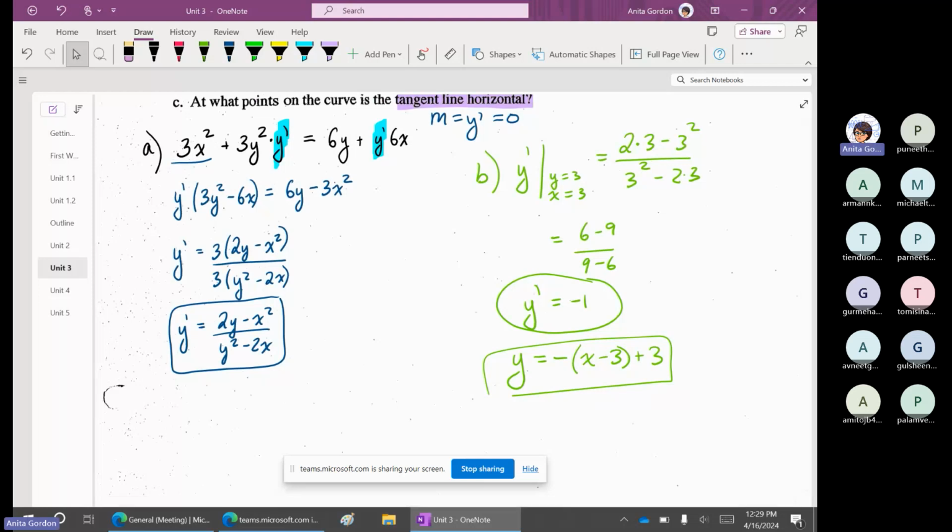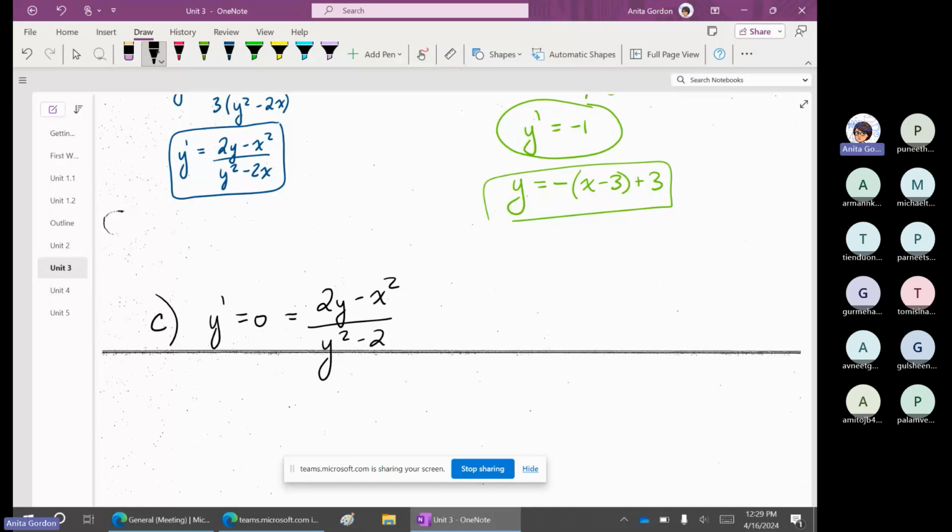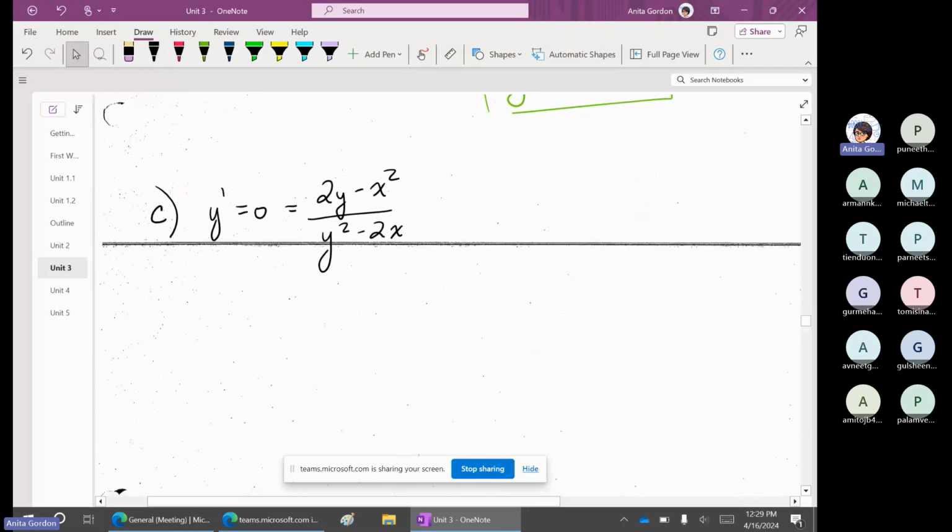Okay, C is going to be a little bit tricky. We want our derivative to be 0. So let's take a look at if y prime is 0, what do we need to focus on? I need to focus on the numerator. I want the numerator to be 0.